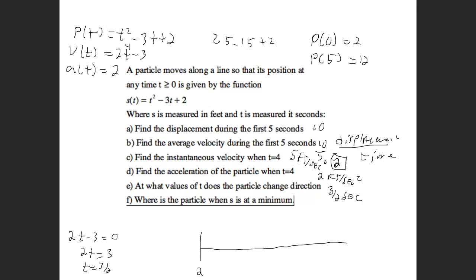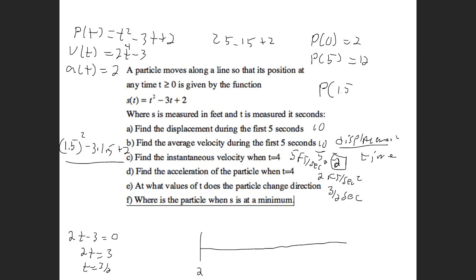Because I know at 3/2 seconds, it's at 0. So could you take your calculator and could you put 1.5 into our position function? So 1.5 squared minus 3 times 1.5 plus 2. What do we get? Where is that particle at 1.5 seconds?